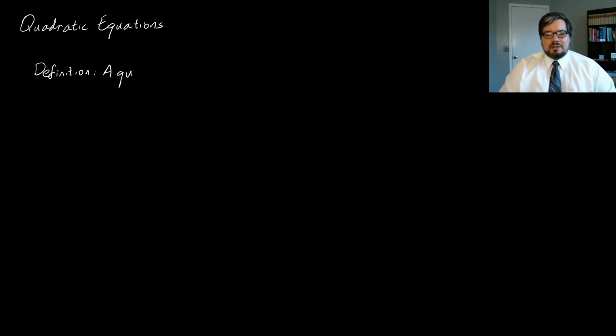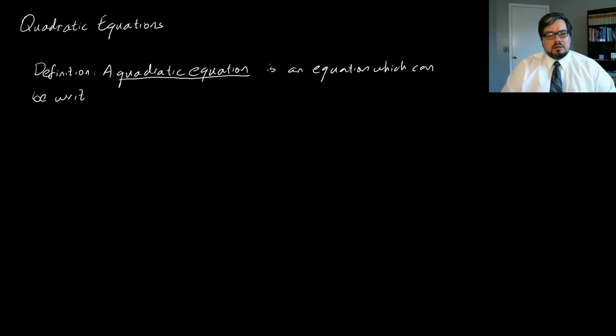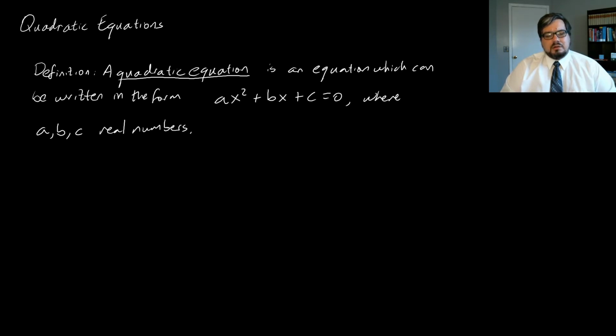A quadratic equation is an equation which can be written in the form ax squared plus bx plus c equals 0, where a, b, and c are real numbers, and x is a variable.